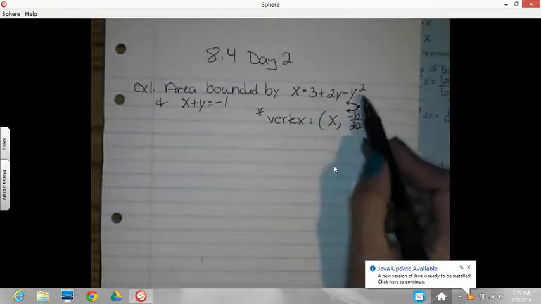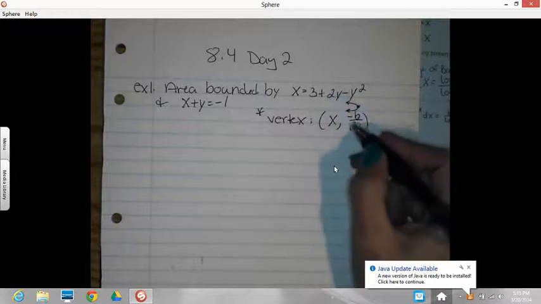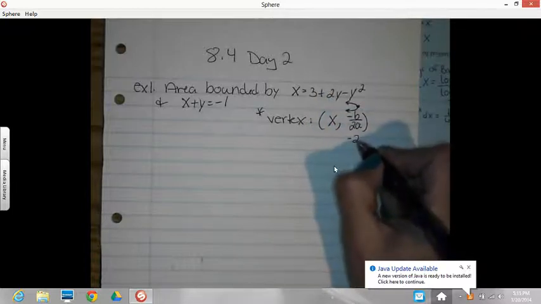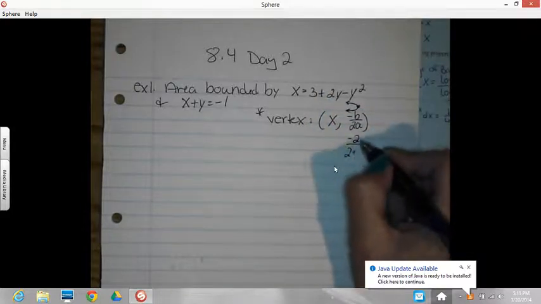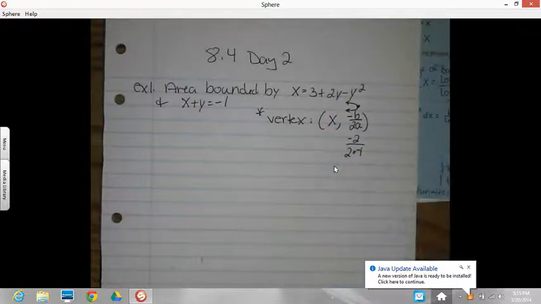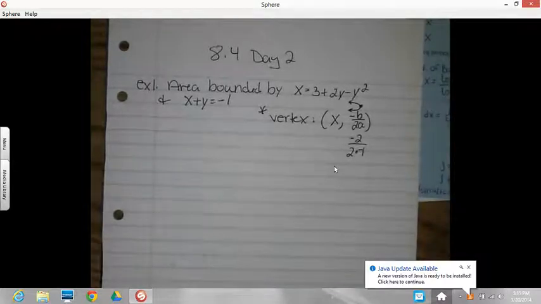So let's figure out the y for our vertex by taking the opposite of the b, the opposite of 2, which is -2, divided by 2 times the a value, which is -1. So we've got -2 divided by -2 for a +1.